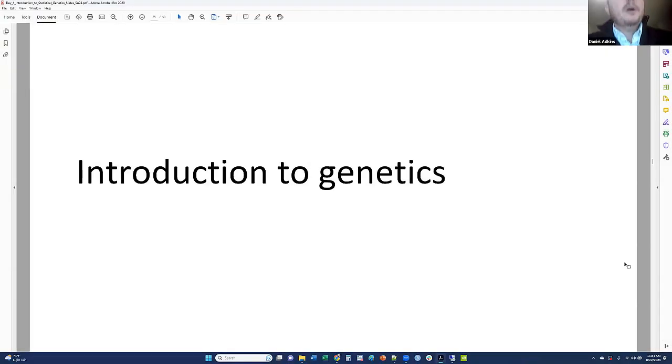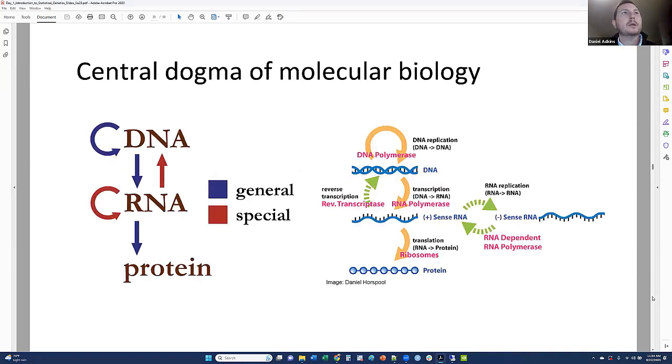Now let's move on to our introduction to genetics. To set the stage, before we get into the molecular machinery of DNA, and how we approach associating genotypes with phenotypes, let's set the stage with some general theory about genetics.